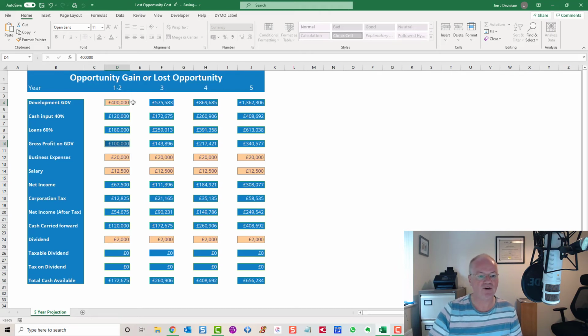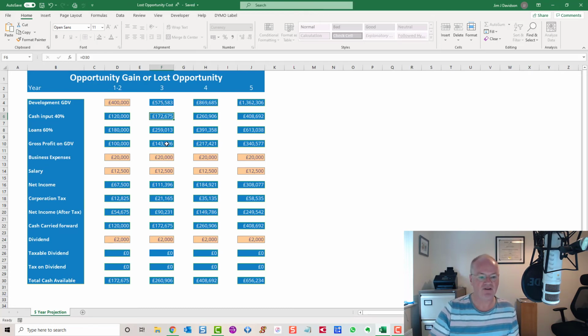That's carried forward into year 3, and as you need to put a 40% input in, and again I am working on averages, you may find that you get a better or lesser rate than that, and therefore you're going to be able to do a development of 500 that's going to have a gross development value of 575,000.